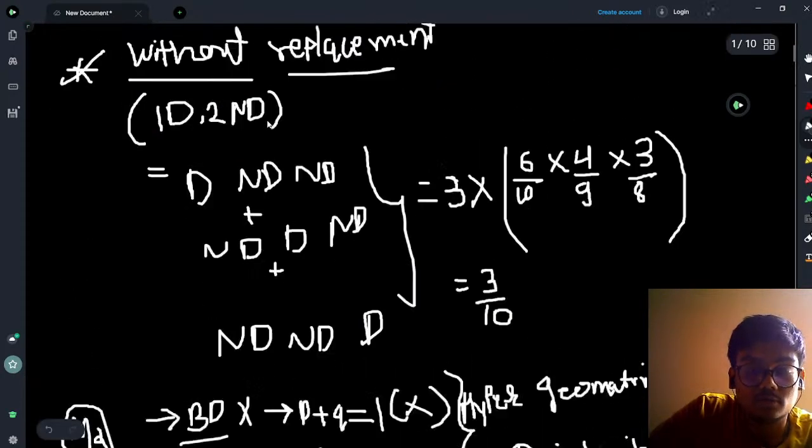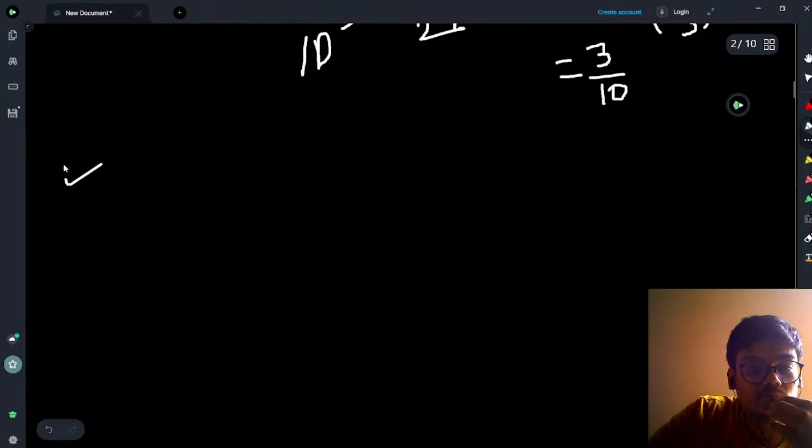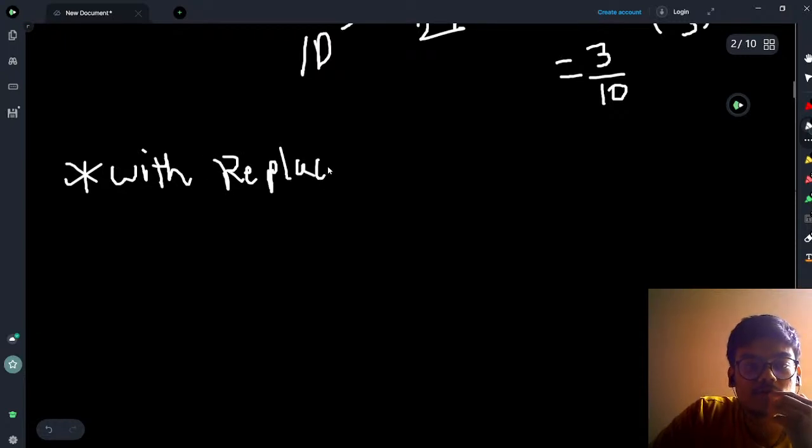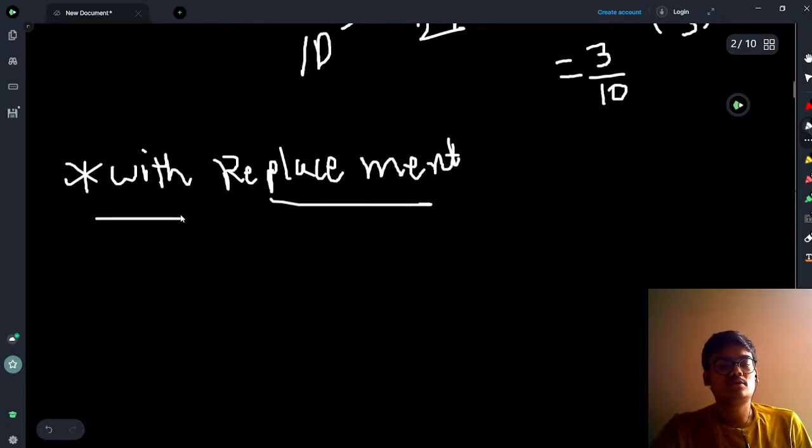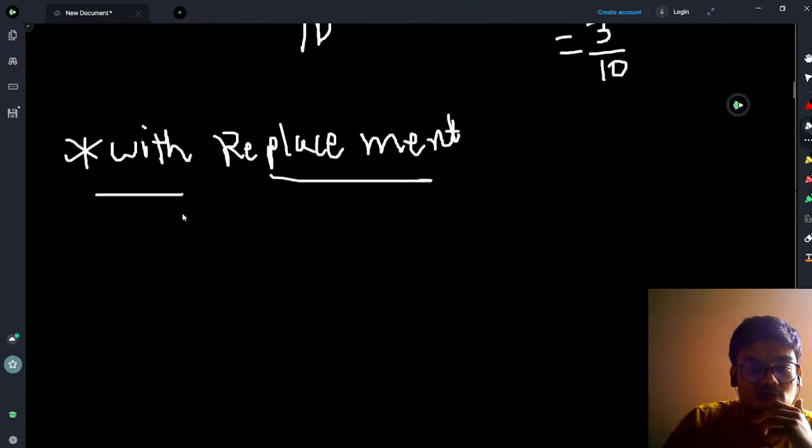Because we are sampling without replacement. Now if the case is with replacement, meaning we can put it back, then you can see that we can easily use a binomial distribution.